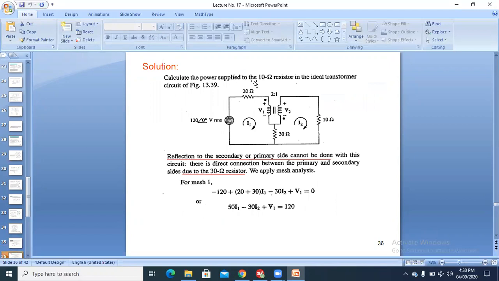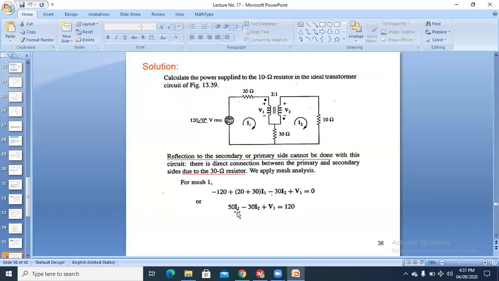So first of all, we apply KVL at the primary side. So this is minus 120 plus 30 into I1 plus V1 minus 30 I2, and that is equal to 0.